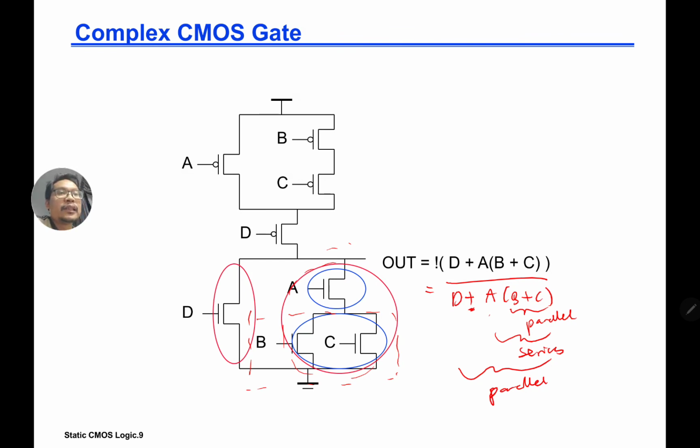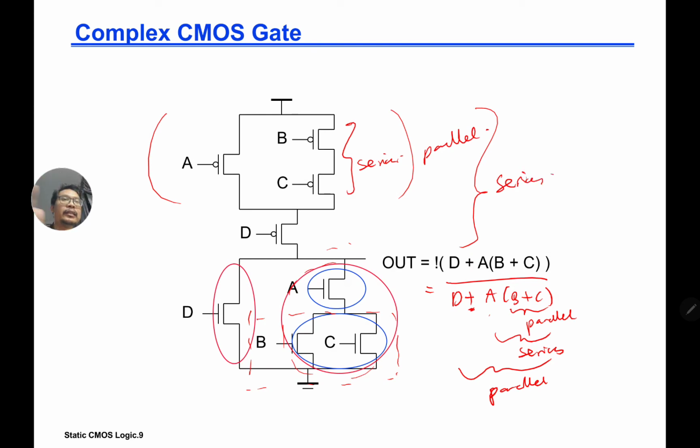And how do you do the PMOS? The PMOS is the duality, the complement. So B and C are now in series, whereas here we have parallel. Then this A and the BC branch are now in parallel, where in the NMOS you have series. This whole thing is now in series, whereas D is in parallel with the whole thing in the NMOS.